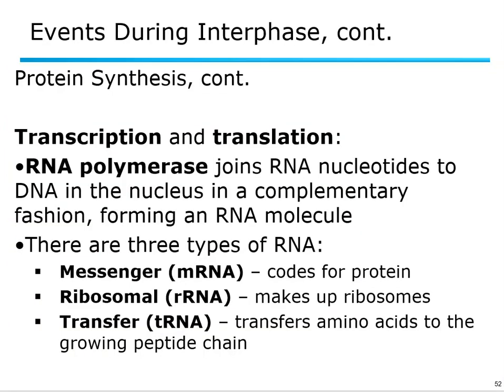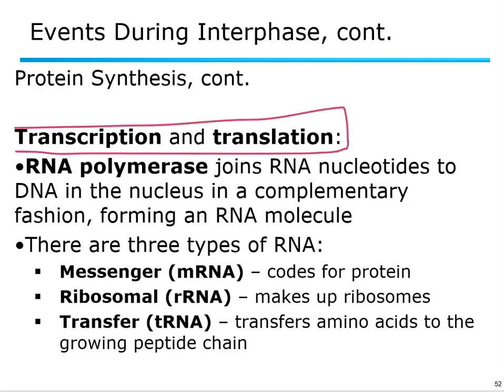You have here 4 important elements of the protein synthesis. Then you have the RNA polymerase, which is an enzyme in charge of forming the RNA molecule. And then you have the 3 kinds of RNA that we have. The first one is going to be the messenger RNA. It's going to be for coding the proteins, getting the code from the DNA inside of the nucleus.